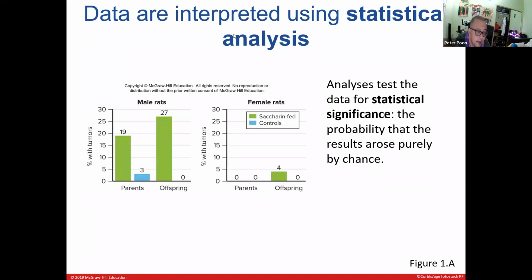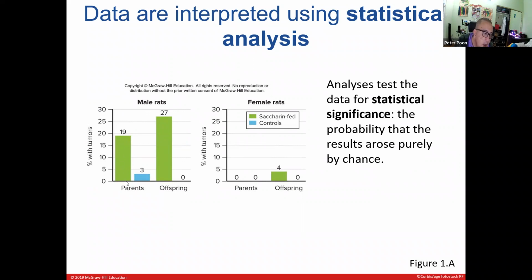So you can then graph the data. If you graph the data, you can see here that in the second fed rats, they have much higher percentages of getting cancer or tumors.